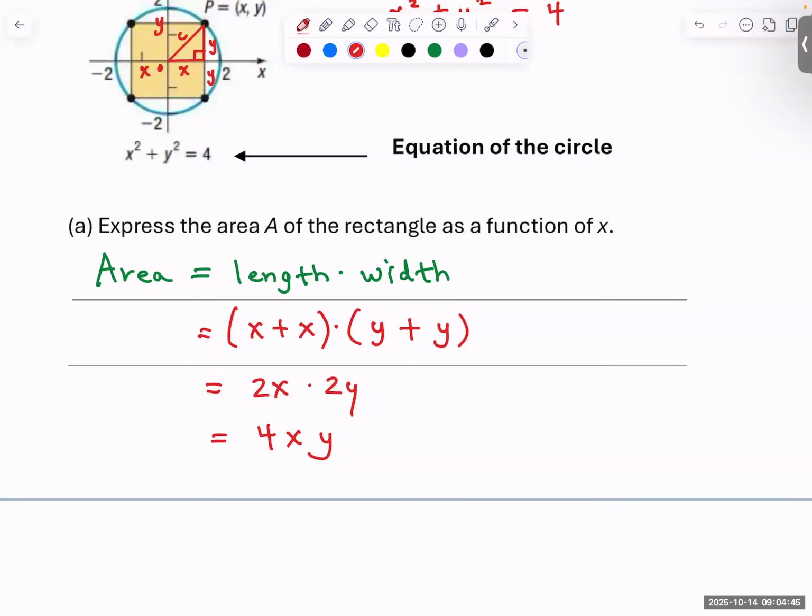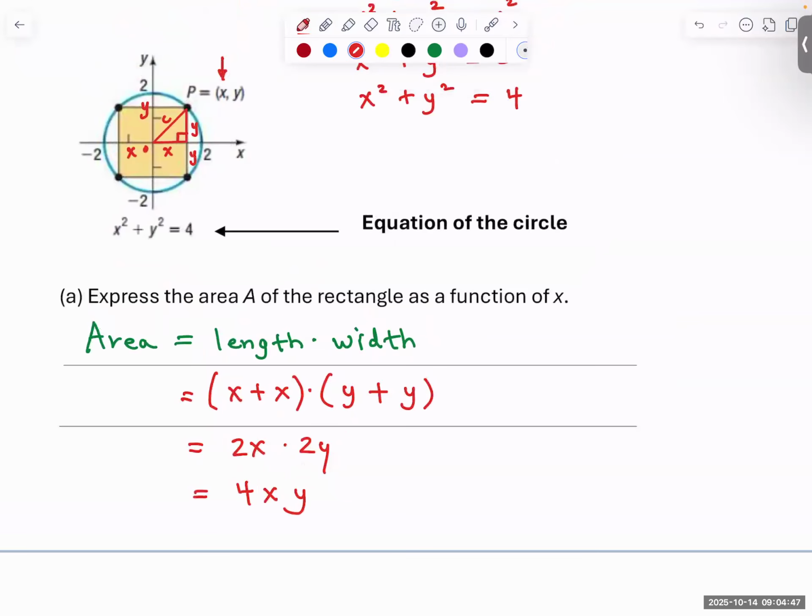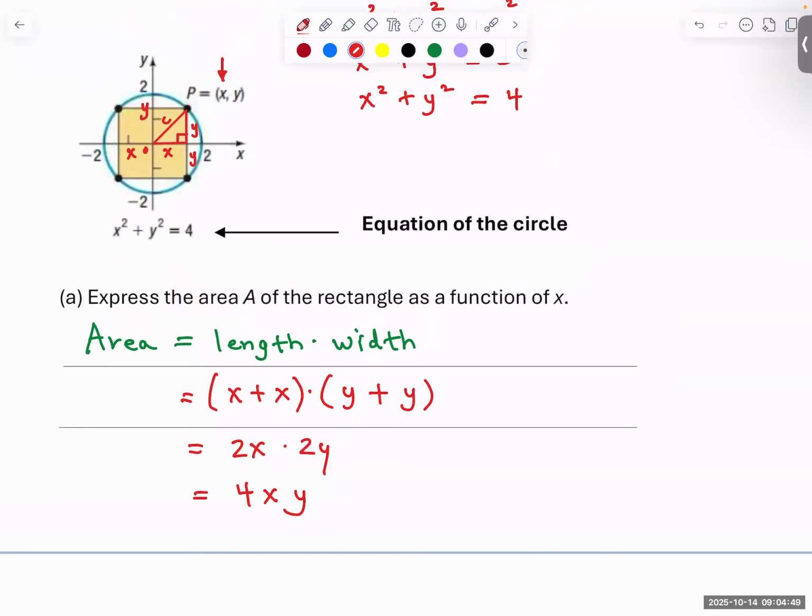Now that's area as a function of x and y, but we want to eliminate y and have only area as a function of x. So we're going to take the equation above and solve it for y.